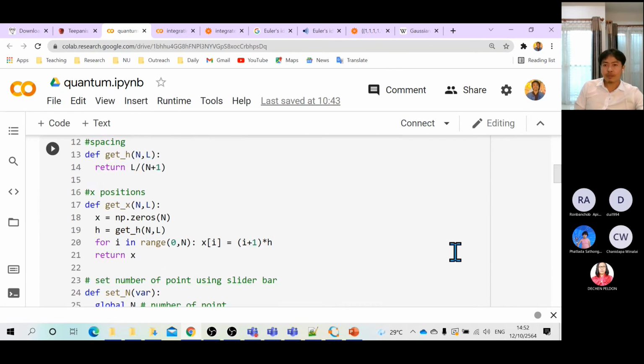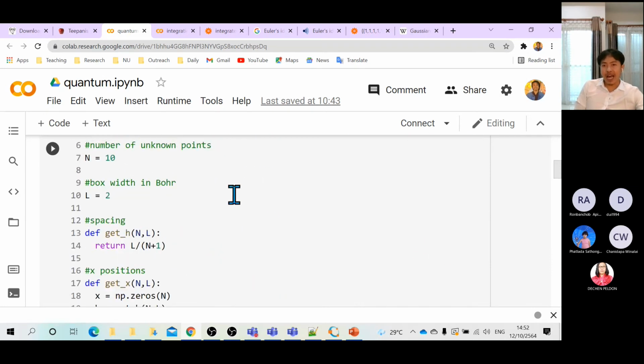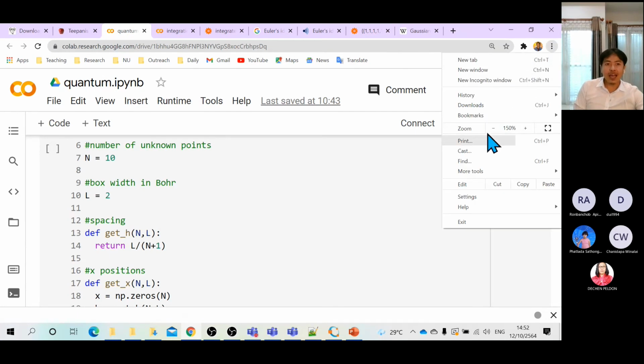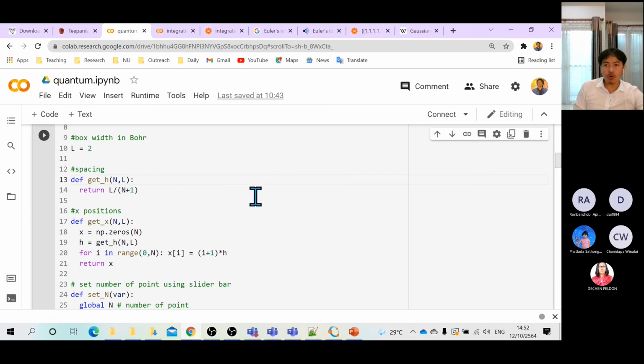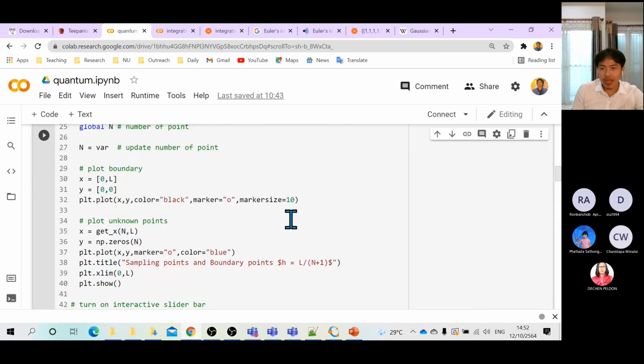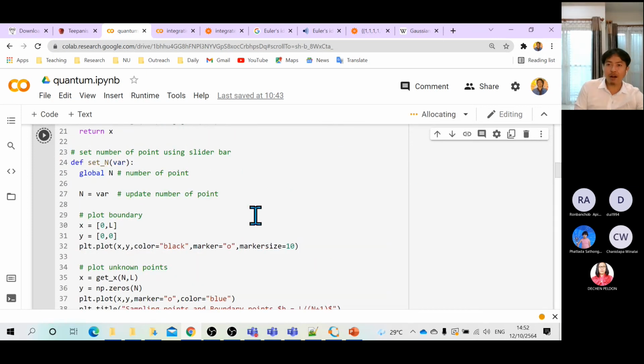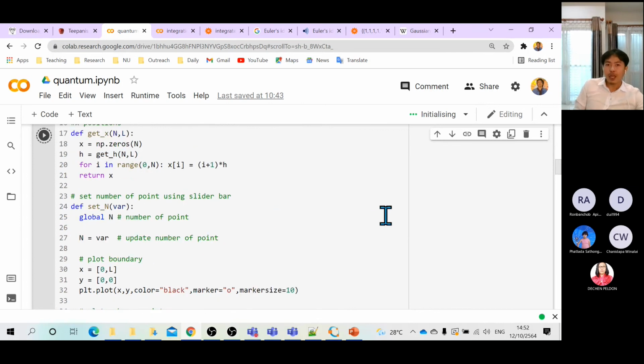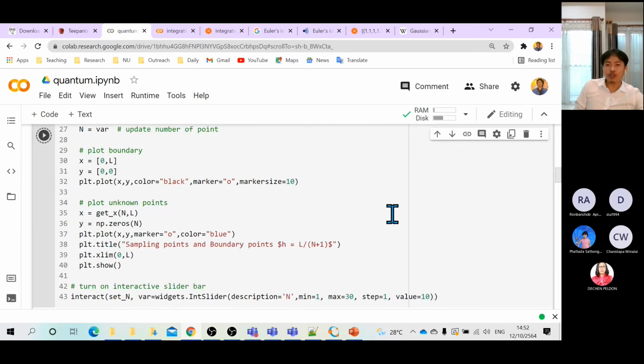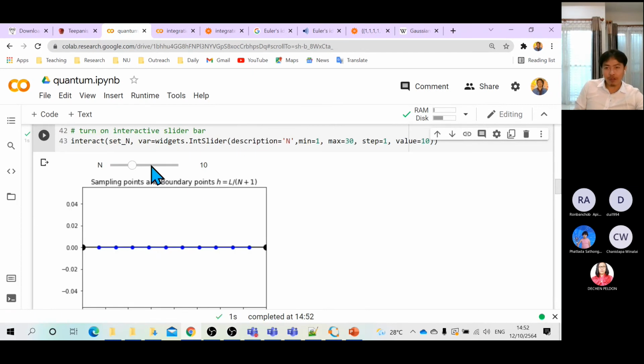Now, we have to decide how many points we need to solve the problem. Luckily, I made a very nice code in Google Colab. If you click there to compute the Python code, in this special code you can select from a sliding bar the number of points that you want for your solution.